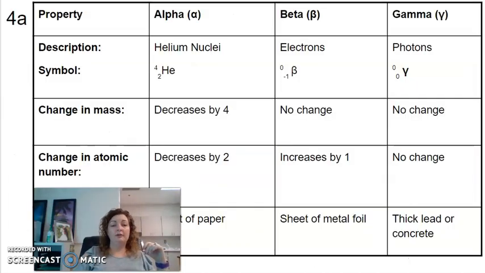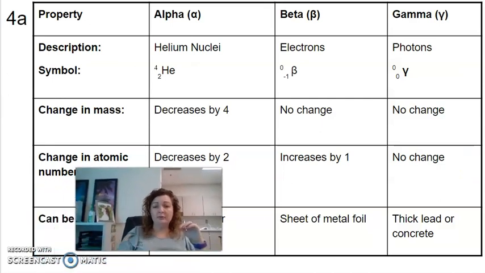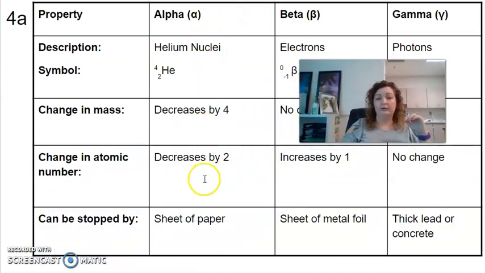So if we go back over to our chart, let's go through each one individually. So we're going to look at alpha first, okay? So yes, it is a helium nuclei. The symbol is He for helium, and then you're going to write a 4 superscript and a 2 subscript, all right? And let's talk about what these mean, these 4 and the 2.